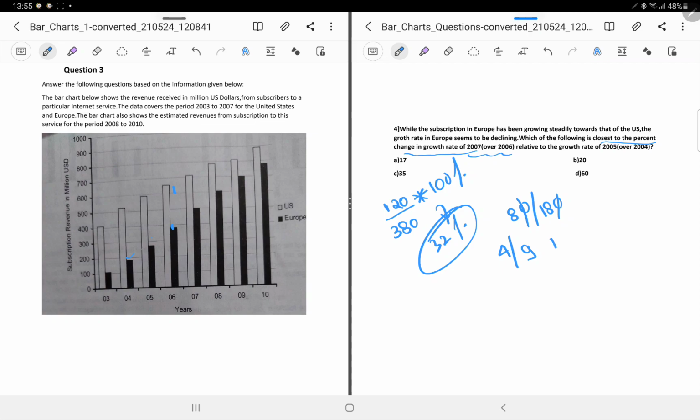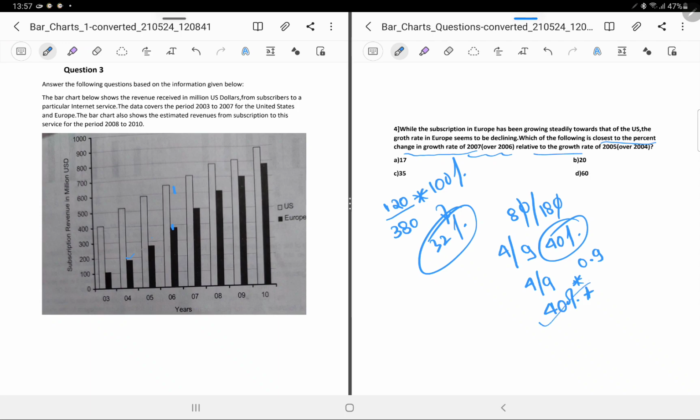So this would be round about 40%. So this is now 4 by 9. So 0.9 would be this into 4 something. 40% plus it would be. So this is 40% something.